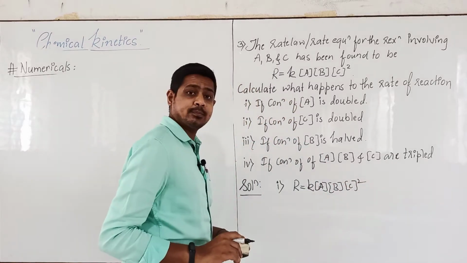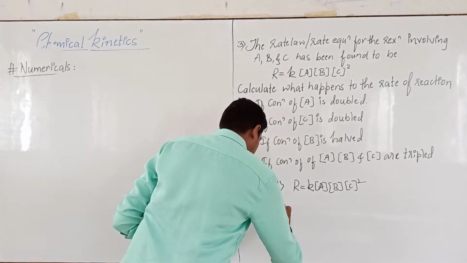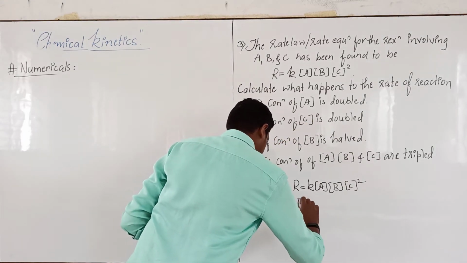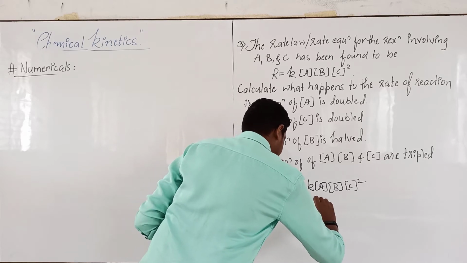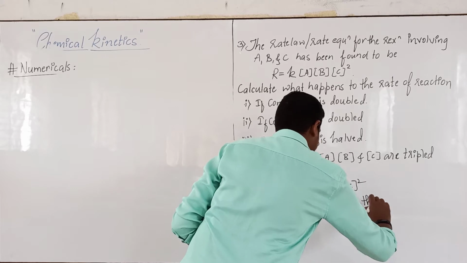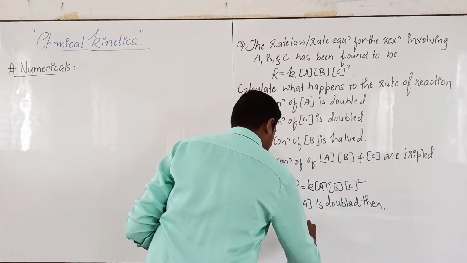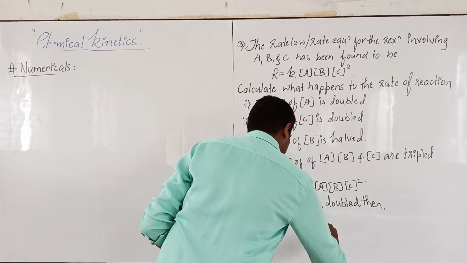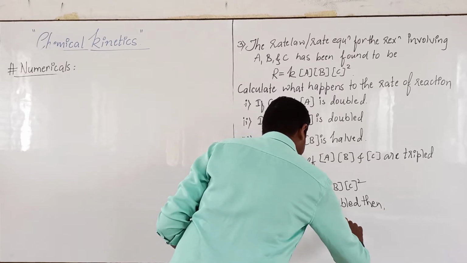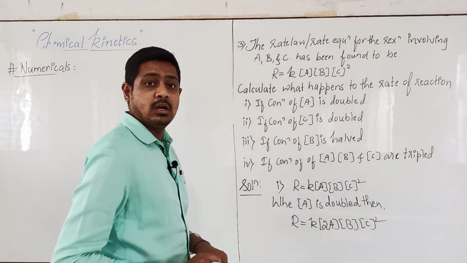When the concentration of A is doubled, then R is equal to k into 2A, B, C square. This will become like this.